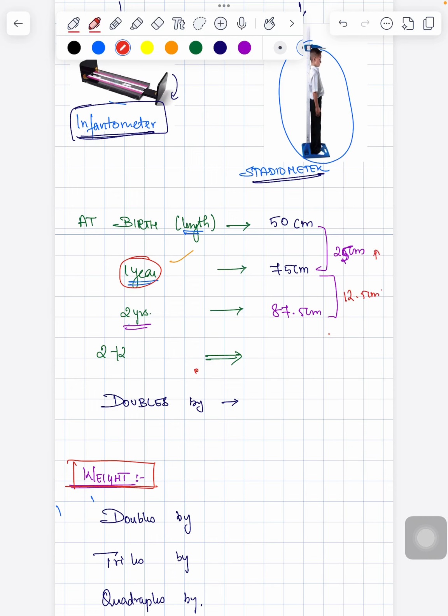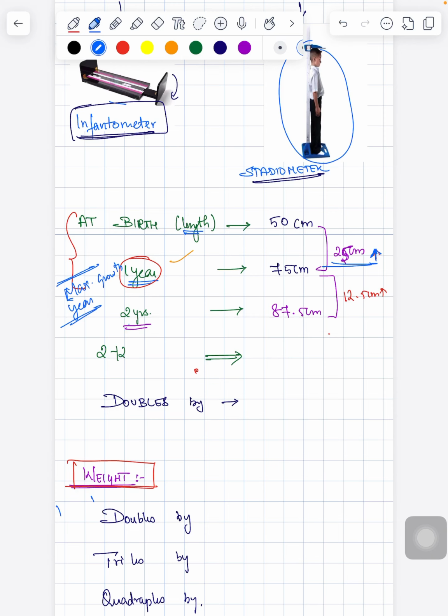So maximum growth occurs at 1 year of age, right? Why? Because there is an increase of 25 centimeter in the first year, while from first year to 2 years of age there will be an increase of 12.5 centimeter, that is half of your 25 centimeter, right?